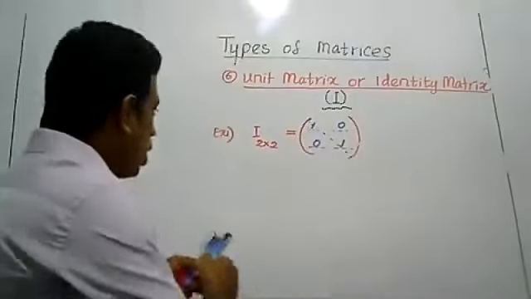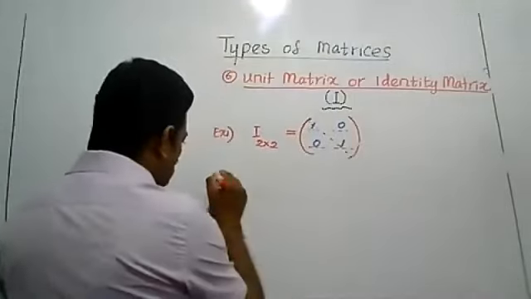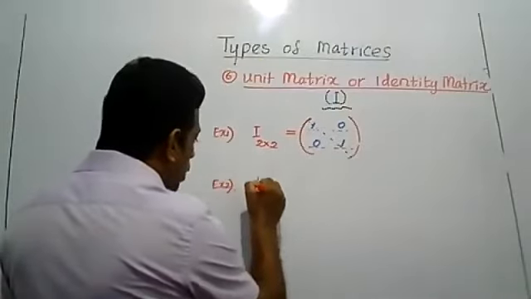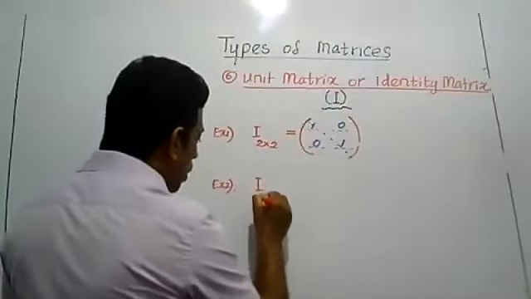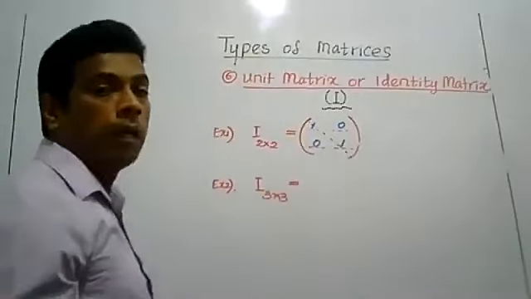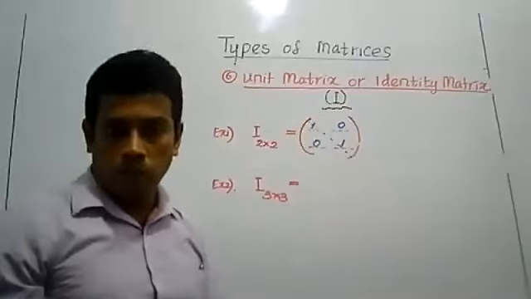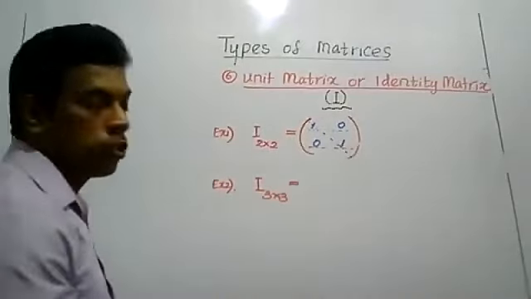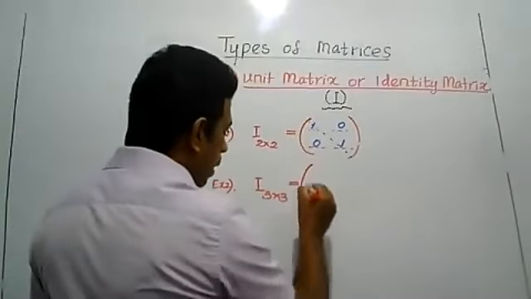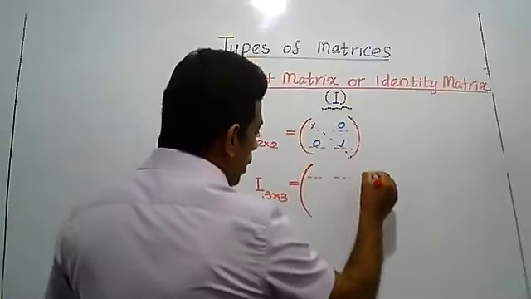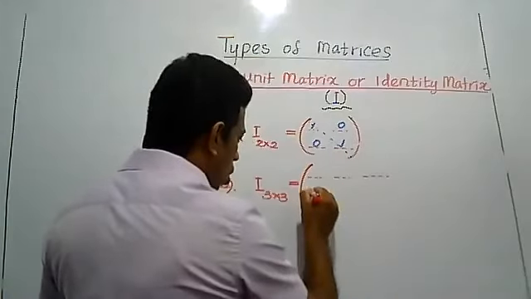Right. Now try to write it yourself as a second example. Try to write the identity matrix of order 3 by 3. The next square matrix should be of order 3 by 3. Now write the elements of the identity matrix of order 3 by 3. You know that 3 by 3 means there are 9 elements altogether.